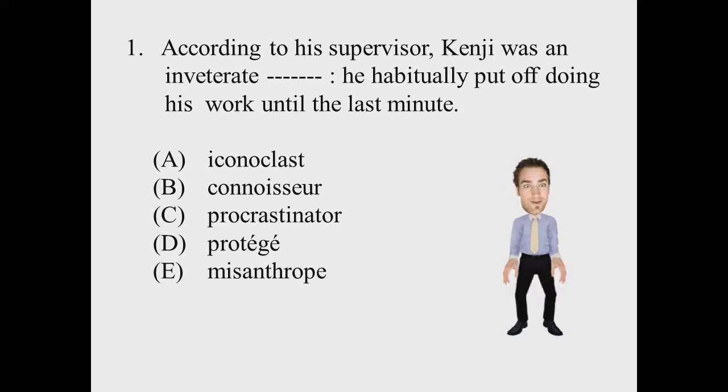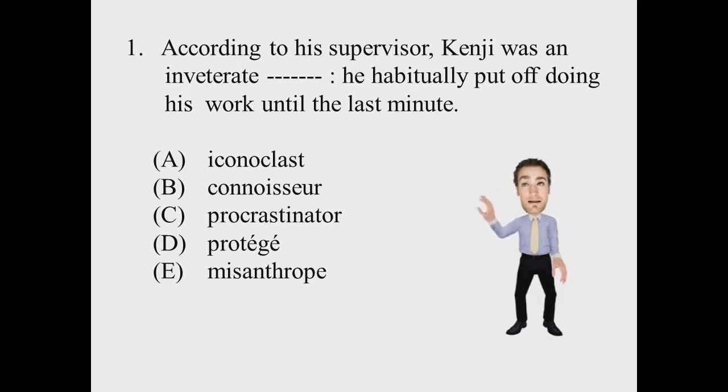Although we have solved what the correct answer is, C, procrastinator, let's take a look at the semantic issues that we really didn't have to look at in number one. This is a good way of developing your semantic expertise that you might need later on the more difficult questions on the actual SAT tests that you will take.